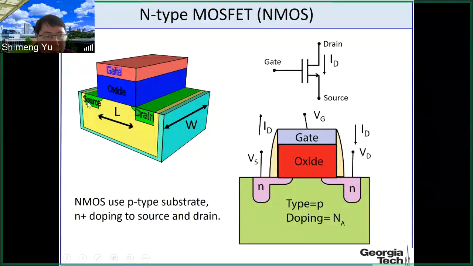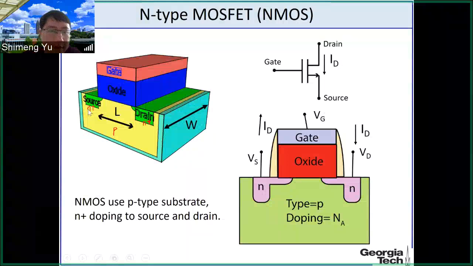Then we have the source and the drain doped. In the NMOS we are going to discuss today, the substrate is p-type, and the source and drain are N+ doped. N+, this plus means heavily doped, the doping density is high. This is to make a good contact for the metal interconnect.